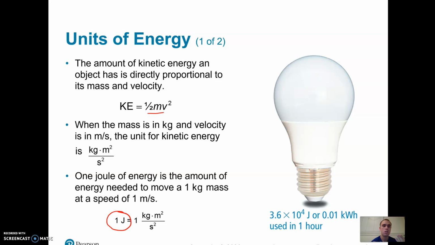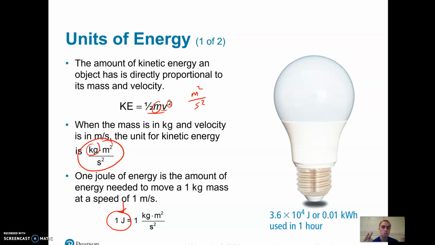And the way that these units would work out, mass being a kilogram, velocity is a meter per second. Oh, that's a 2, not an S. Okay, and then we square it, so we have meter squared and second squared. This is a really loud and busy unit, and so it's been abbreviated and cut down to joule.